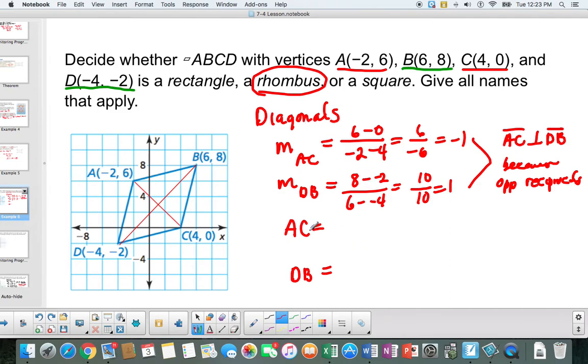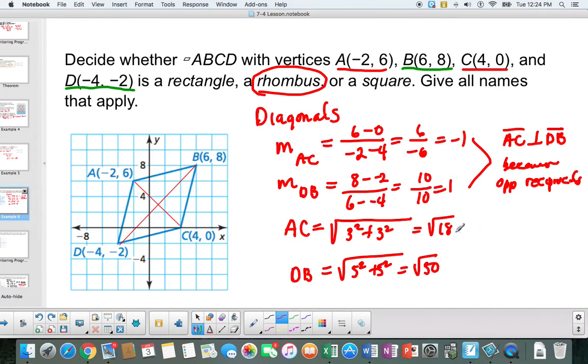Let's take a look at the distance. Now, visually, you can see the distances are not the same. So I'll go ahead and figure them out, but visually we can see that it's not going to be. So AC is 3 squared plus 3 squared, which is root 18, and DB is root, let's see, 1, 2, 3, 4, 5, 5 squared plus 5 squared, and that's root 50.